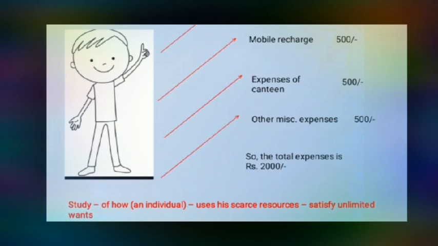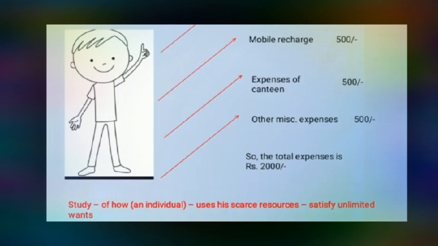So they have to use these scarce resources to satisfy the unlimited wants. Even a country may have limited natural resources, but with those limited natural resources, they will have to satisfy the unlimited wants. I hope the explanation of the term economics is clear to you.